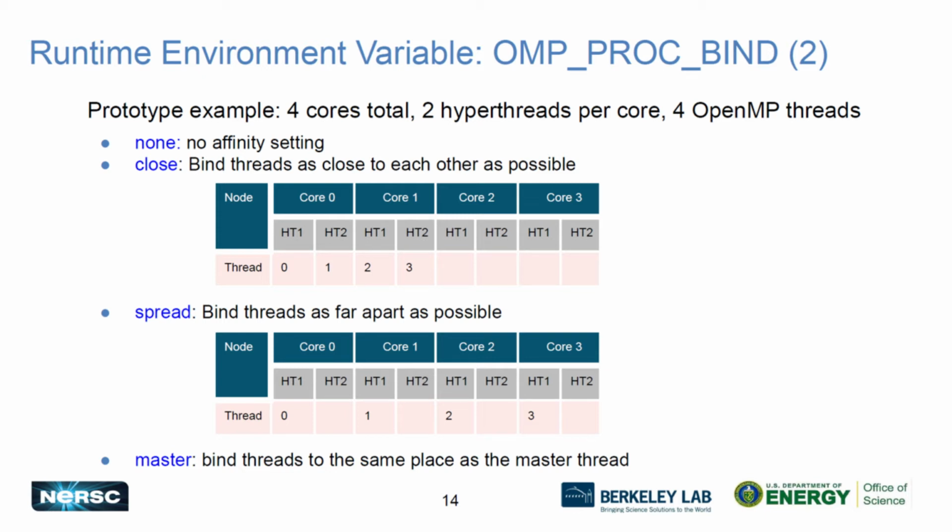When you spread them out, you're most likely able to get more aggregate memory bandwidth, especially if they're on multiple NUMA domains, since you'll be using memory bandwidth on both. With close, you get the advantage of more data locality. So this is a comparison for the test. For a real application, you can do this performance comparison and choose whichever is best for your application.